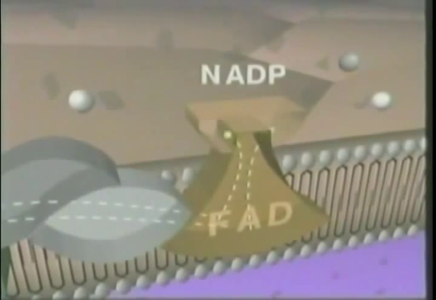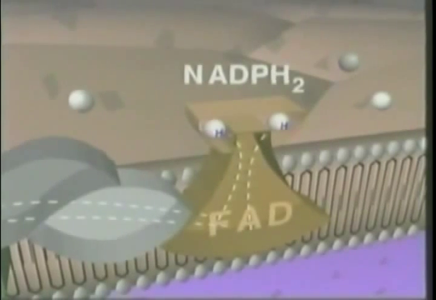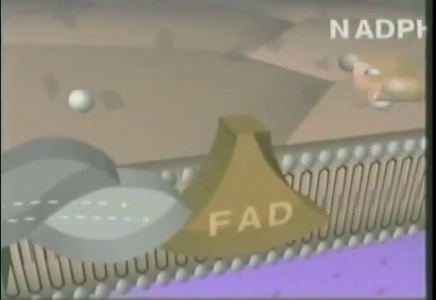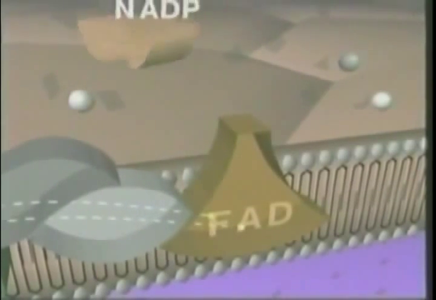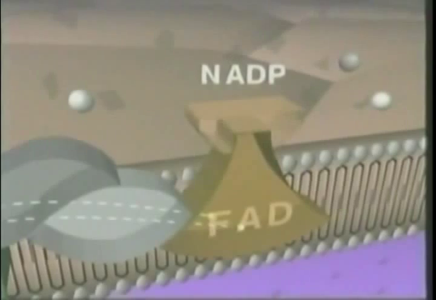So at the instant the electrons are passed from FAD to NADP, two protons from the stroma combine with the electrons to form two complete hydrogen atoms. Having gained electrons by acquiring two hydrogen atoms, the NADP has been reduced and is now called NADPH2. The reduced NADPH2 moves back up into the stroma.